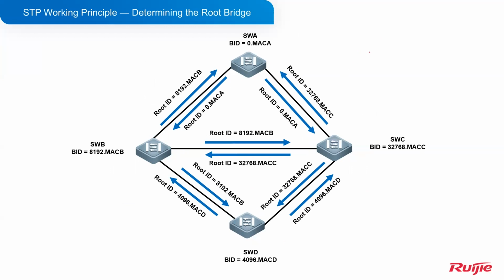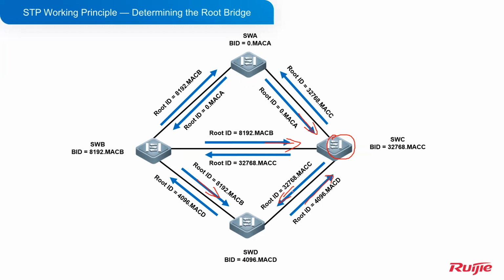For example, SWC can receive the BPDU from SWA, from SWB, and from SWD. For SWD, it's the same. It can receive the BPDU from SWB and SWC. So in this way, they can know each other very well, right?